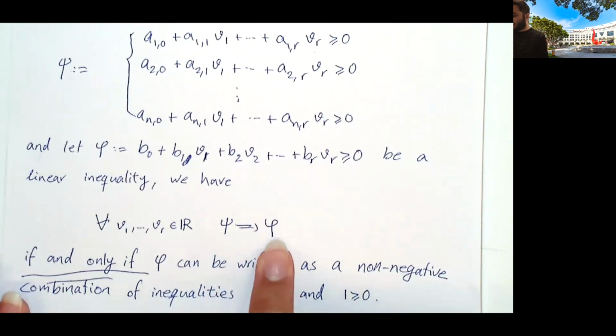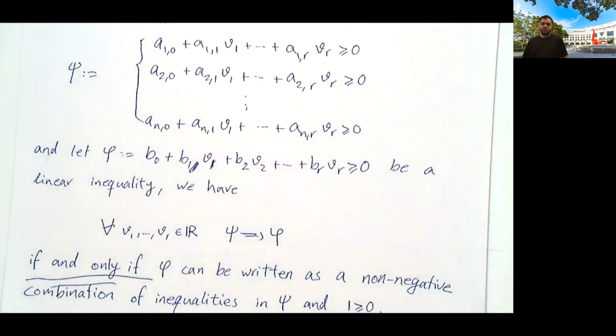But now our phi is polynomial. So we kind of need, let's say, an extension or a generalization of Farkas lemma in this case. And I'm going to show you one example of this kind of generalization. So it's called Handelman's theorem.